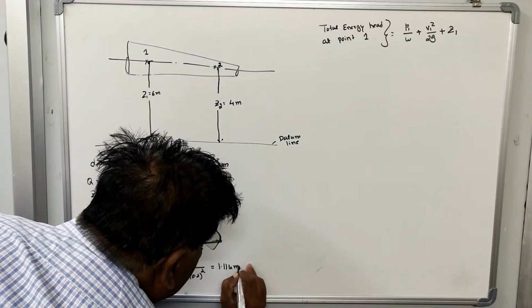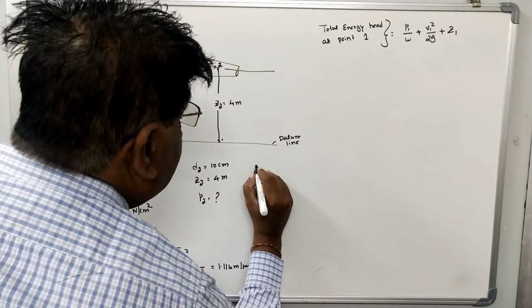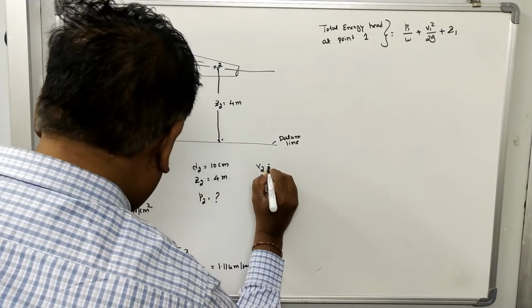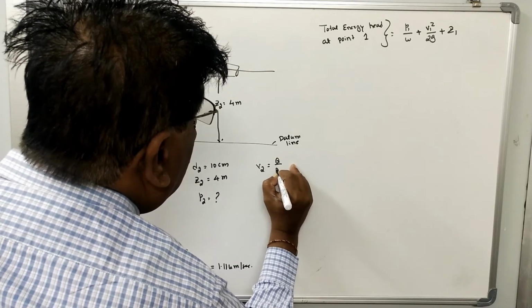Similarly, let us find V2. V2 is equal to again Q by A2.